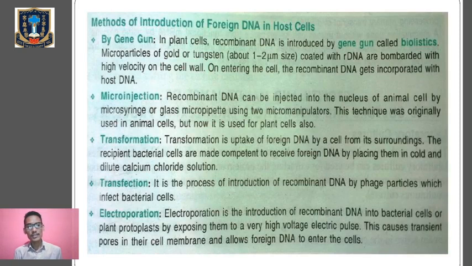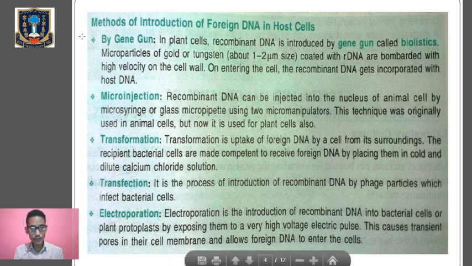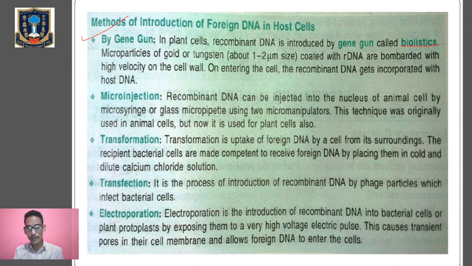The first one is the gene gun method, which is also called the biolistic method. This method is mainly employed in the transfer of recombinant DNA into plant cells.